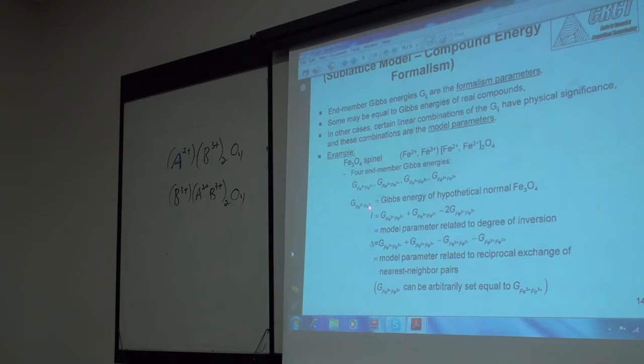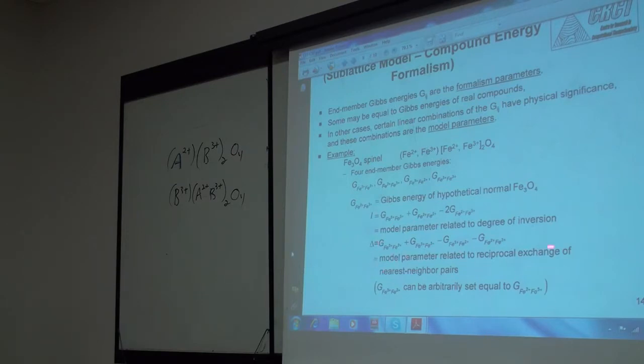G Fe2 plus Fe3 plus is the Gibbs energy of hypothetical normal Fe3O4 with all the 2 plus here and the 3 plus here. Okay. I is a model parameter which is given by this difference, and this is related to the degree of inversion, how far it's inverted between the normal and the inverse.